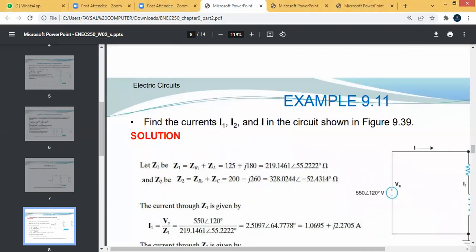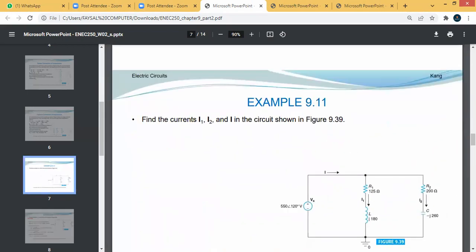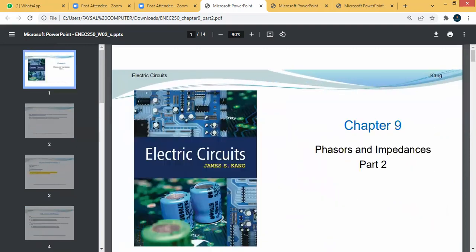So we completed almost all the examples of chapter number 9. Chapter number 9 is phases and impedances.